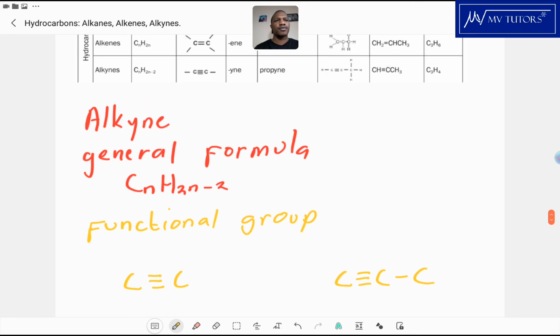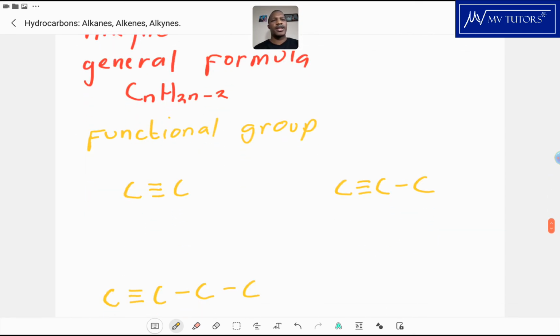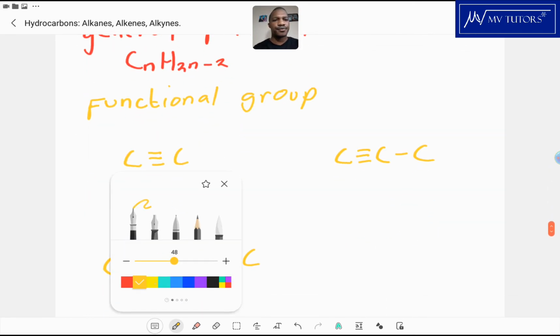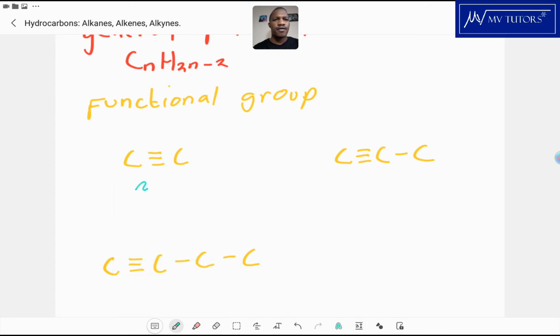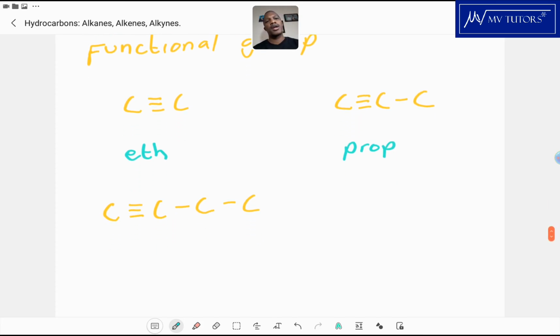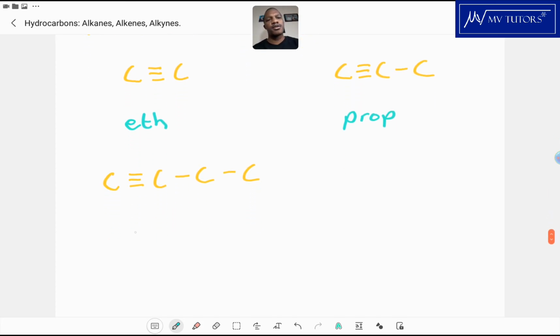Okay. Now let's get to the naming of it. So this one, it's 2 of them, so it's eth. 3 of them, it's prop. 4 of them, it's but.